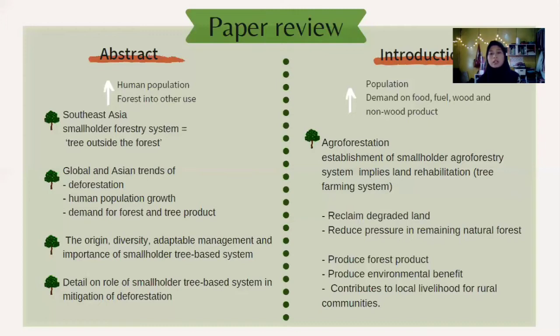Moreover, this system can also reclaim degraded land. Next, this smallholder forestry system may reduce the pressure on remaining natural forests. Meanwhile, it can produce forest products, forest environmental benefits, and also contribute to local livelihood for rural communities.